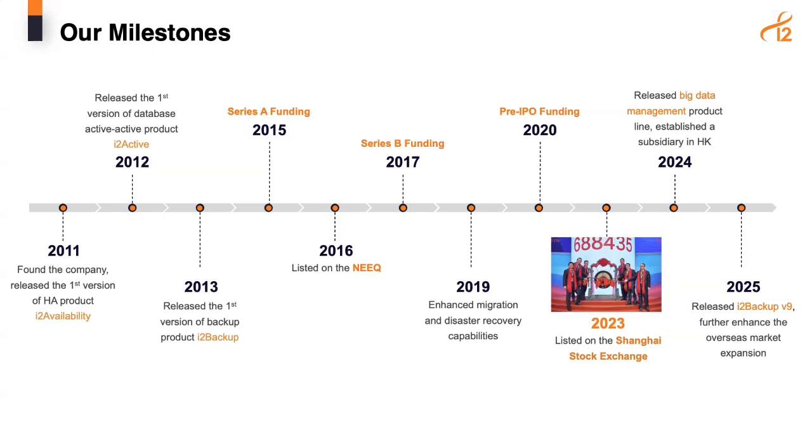In 2024, we started one more product line, which is big data management, and in the same year we established our subsidiary in Hong Kong. And this year we released I2 Backup V9. It happened in June this year.